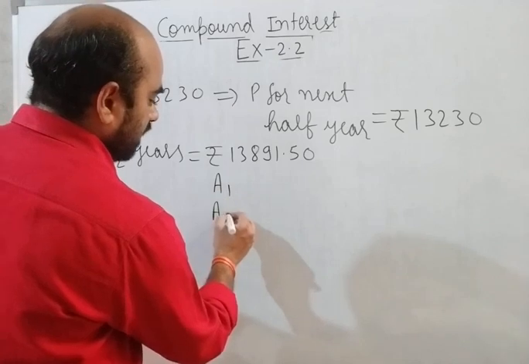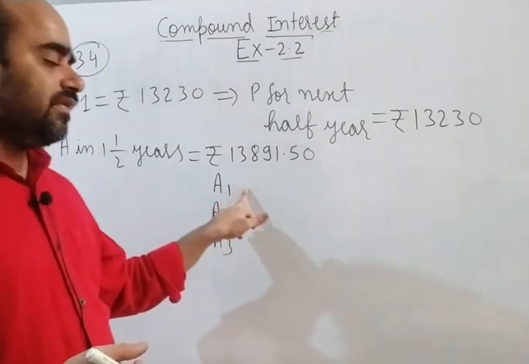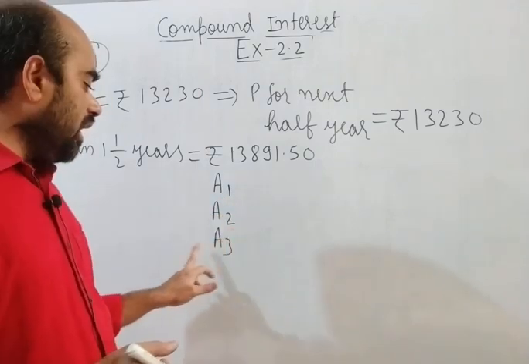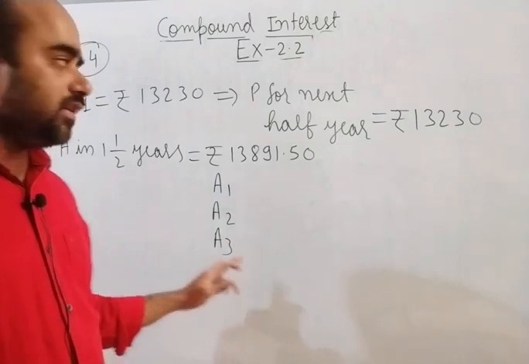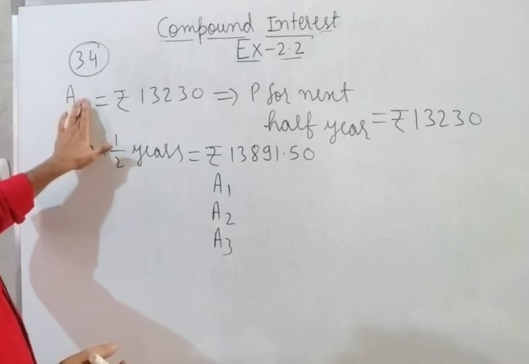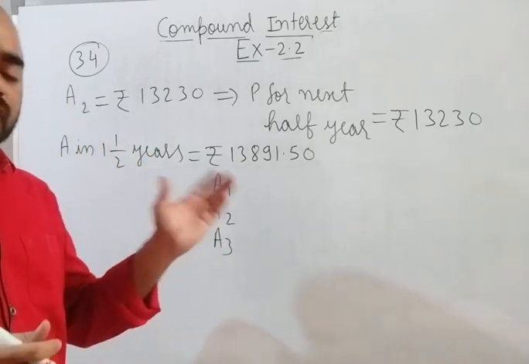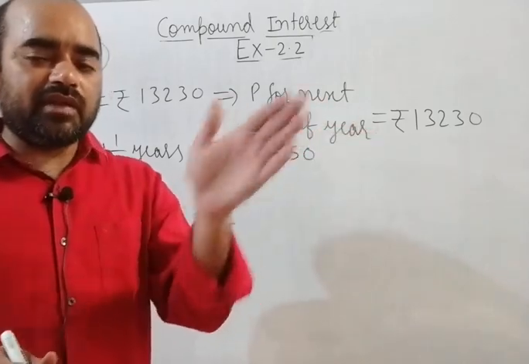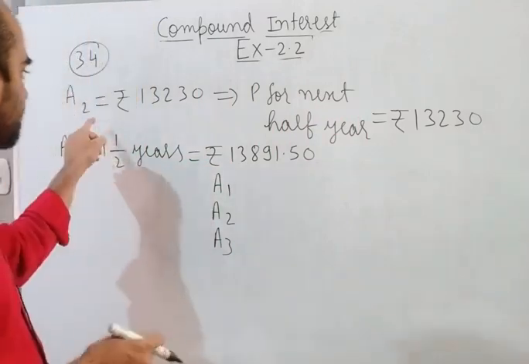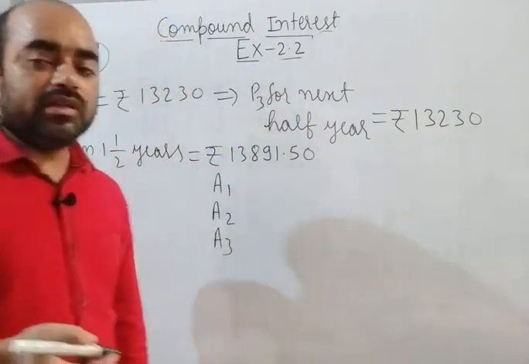Like we can choose amount after first half year A1, second half year A2, correct? We can take this also: amount after first half year, amount after second half year, amount after third half year. So here we can take this as amount after second half year. Why? After 1 year means amount after second half year. So this is given, and this will become principal for next half year, that is for third half year.